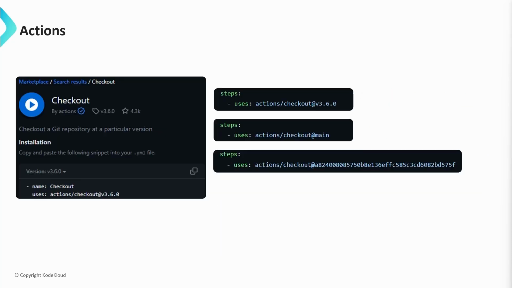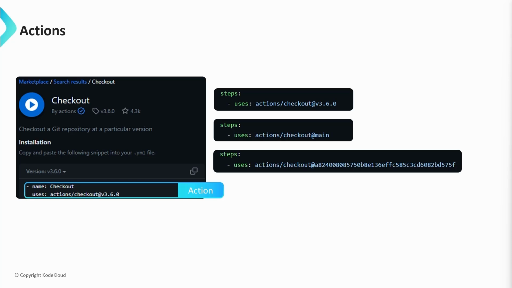And once you have decided on the action to use, the process of adding it to the workflow involves exploring the actions documentation page. And this documentation will provide you the details about the action versions and the required workflow syntaxes. So how do you define the actions version within your workflows? So it can be done in 3 ways.